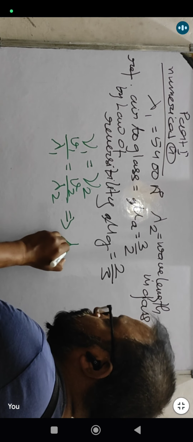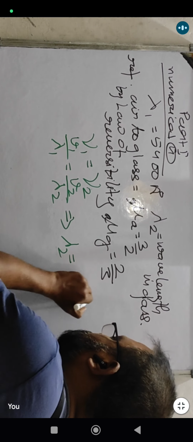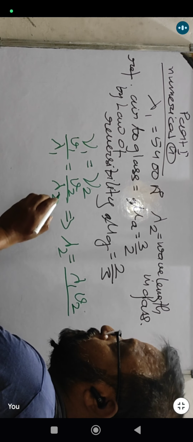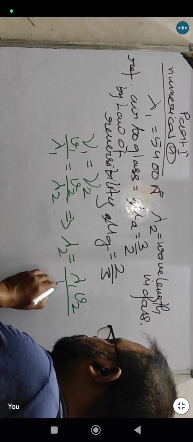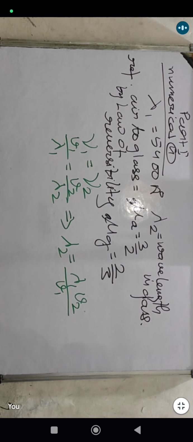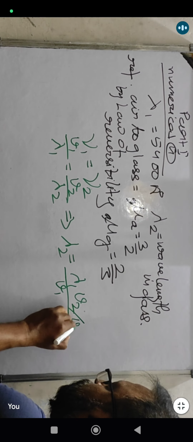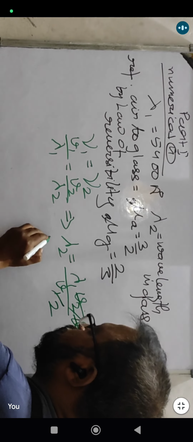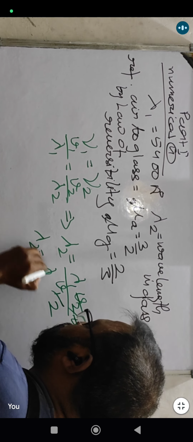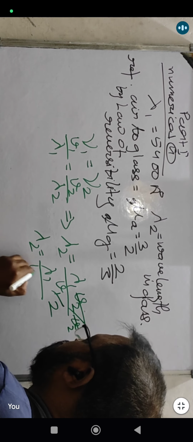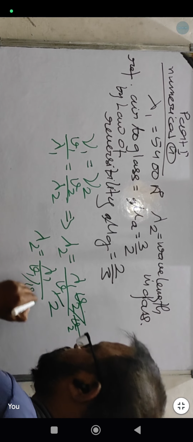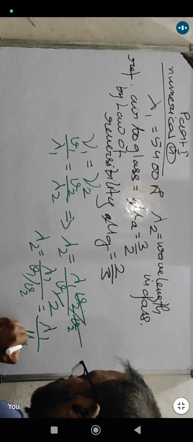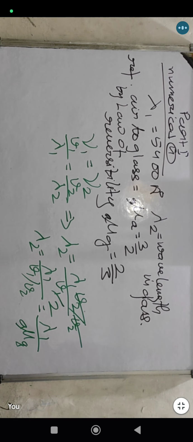So lambda 2 is equal to lambda 1 upon v1 times v2. Dividing both sides by v2, so lambda 2 is equal to lambda 1 upon v1 upon v2, that is equal to lambda 1 upon refractive index of glass with reference to air.